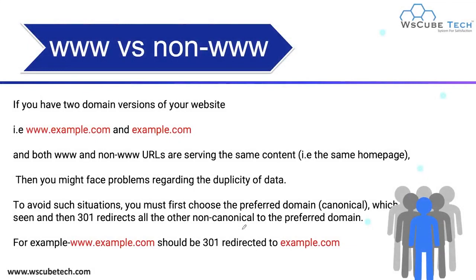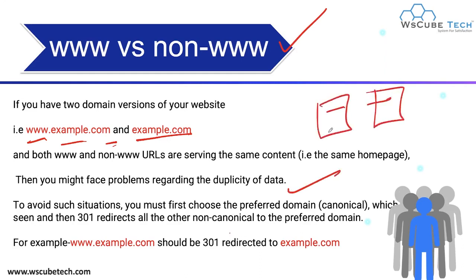Next we have www versus non-www. If you have two domain versions of your website, one like this and another like this, and both www and non-www URLs are serving the same content, then you might face a problem of duplicate content, because now the search engine considers these as two websites, one with this particular domain name and one with that particular domain name.